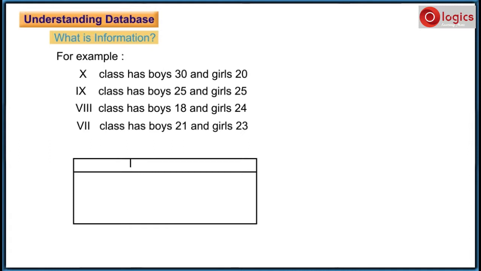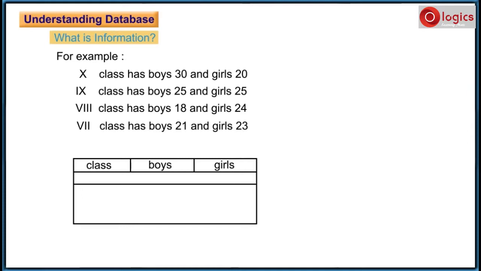Let us see how. The information belongs to class, boys and girls. So here I am preparing 3 columns for the table. Class is for one column, boys is for second column, and girls is for third column.